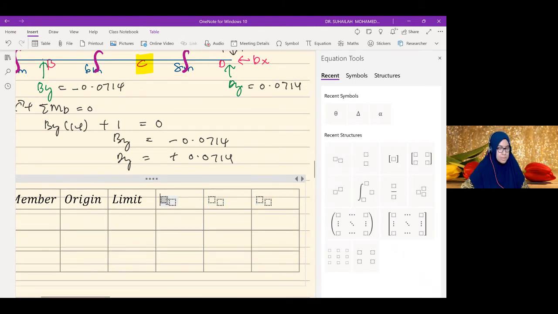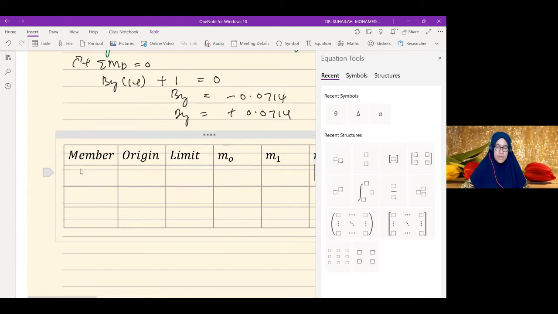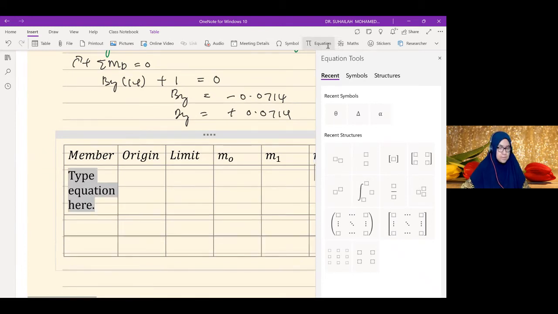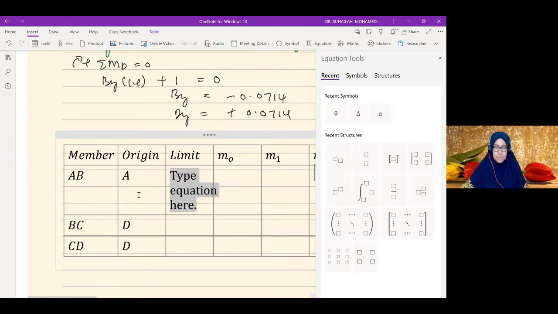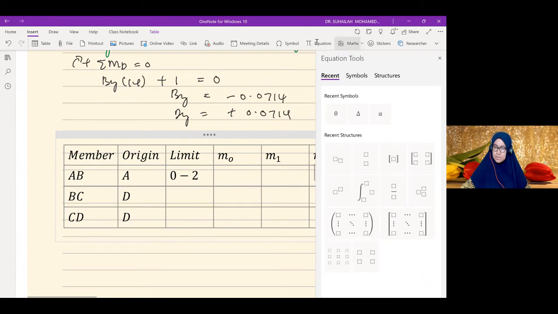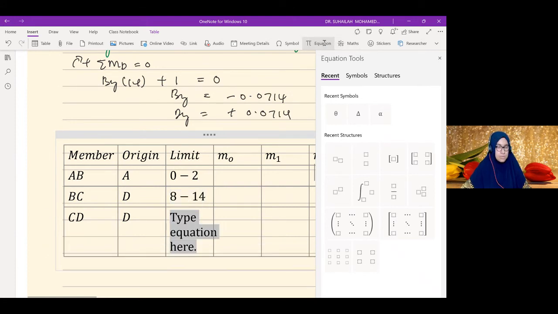The members are AB, BC, and CD. Origin previously we chose A, then D and D. For the limit, we choose 0 to 2, then 8 to 14, and 0 to 8.